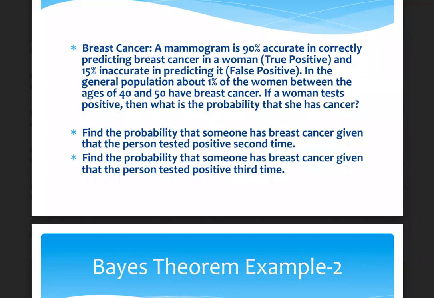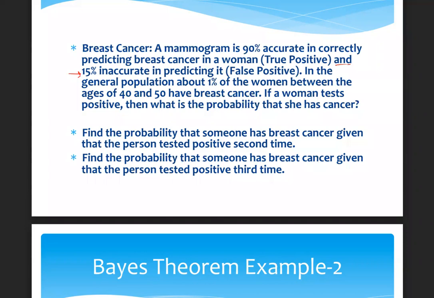And the second statement says it is 15% inaccurate in predicting it. That means 15% of the times when someone has breast cancer, the test will be inaccurate, giving negative results even though the person has breast cancer.